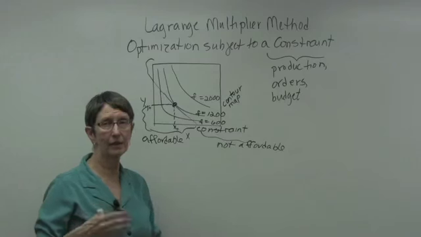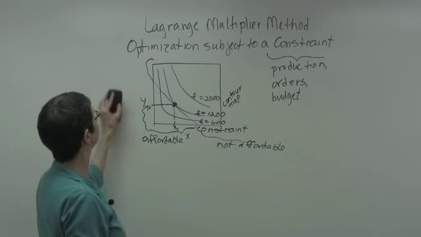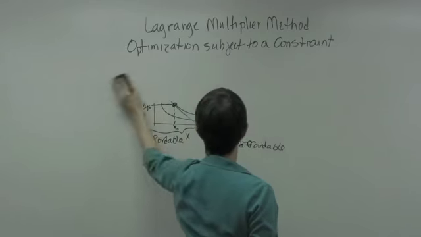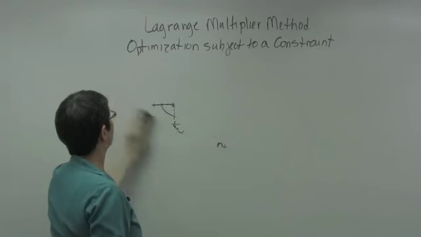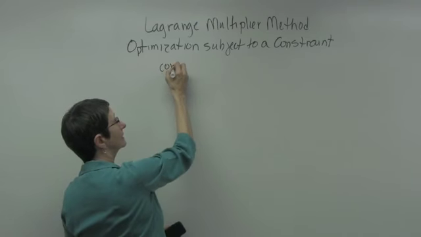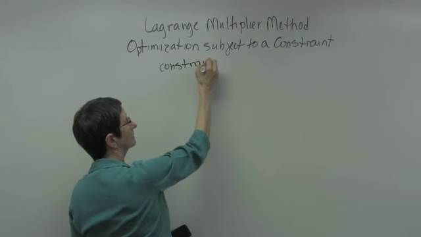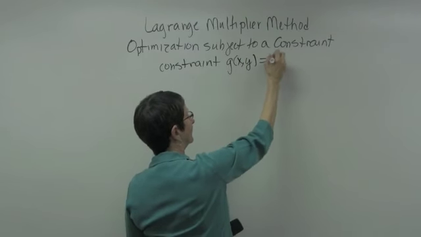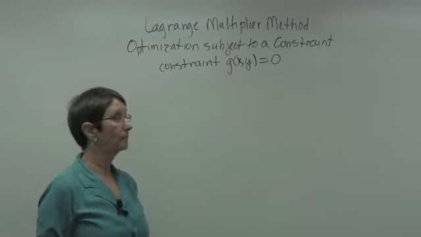So let's see how we can actually do that with our calculus. The constraints that we're going to talk about will form a function. And we'll say the constraint is the function g of xy. And we will make it so that it is set equal to 0.